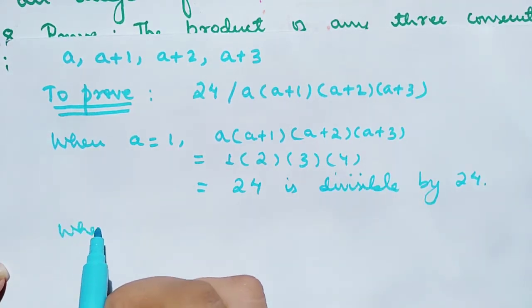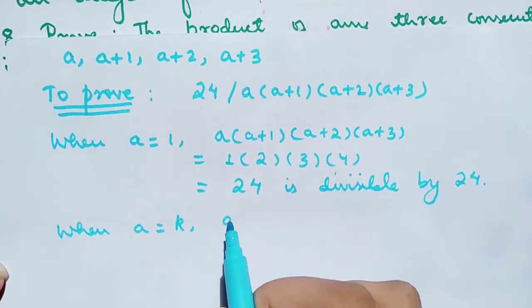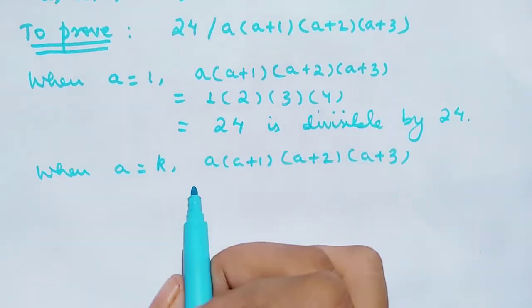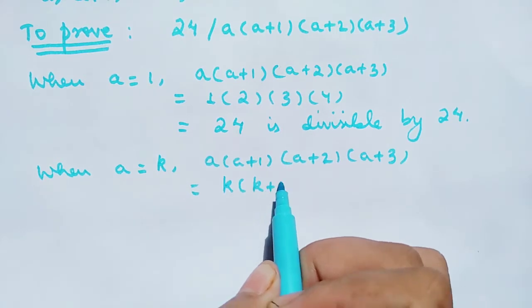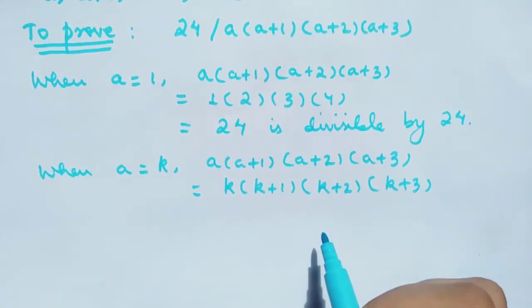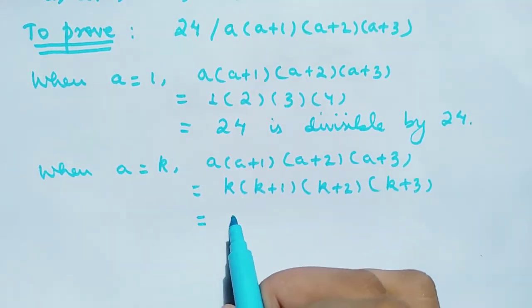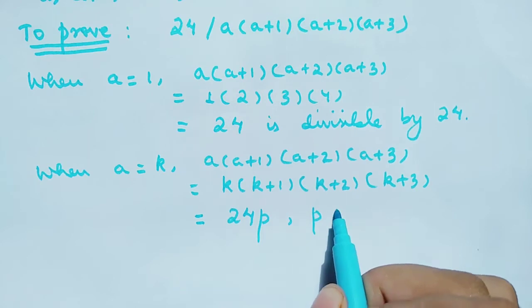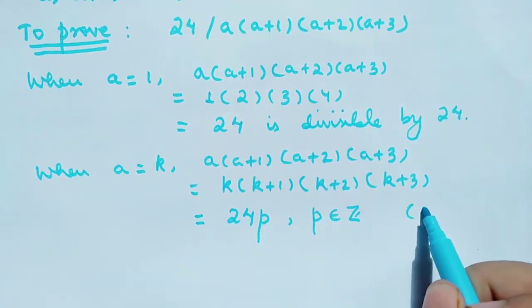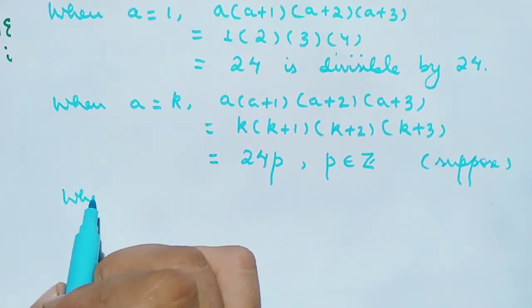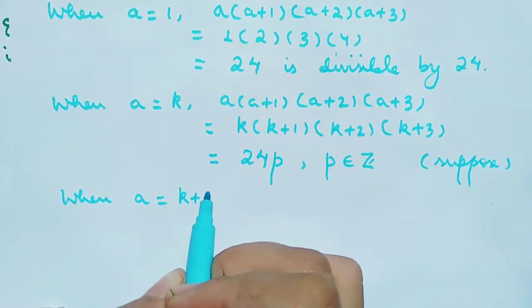Now when a is equal to k, this becomes k into k plus 1, k plus 2, k plus 3. Suppose this is divisible by 24, then we can write it as 24 into some integer p, where p is an integer. Then we shall prove that the result is also true when a is equal to k plus 1.